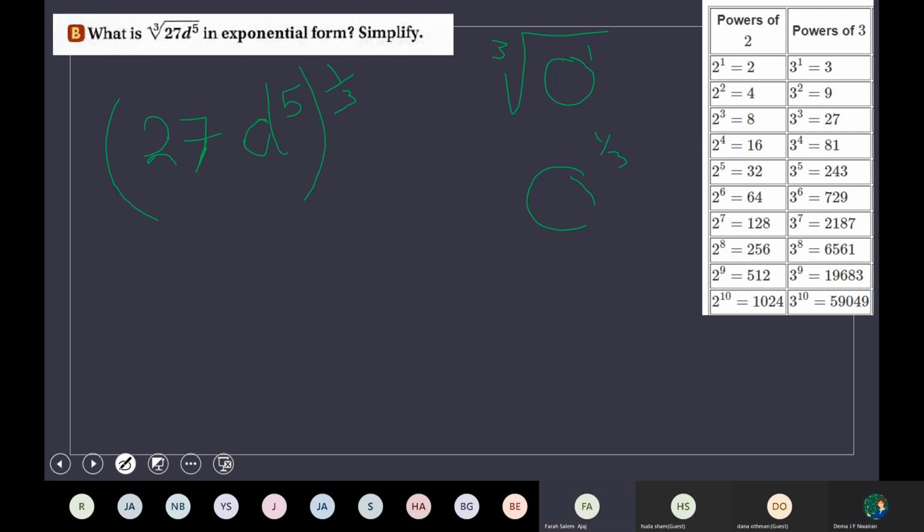Again, teacher, why do I make it 1 over 3? I made all of this to the power of 1 over 3. Here, the cube root is of what? Of 27d to the power 5.